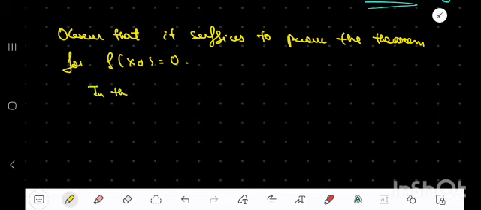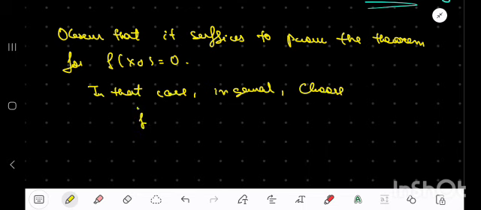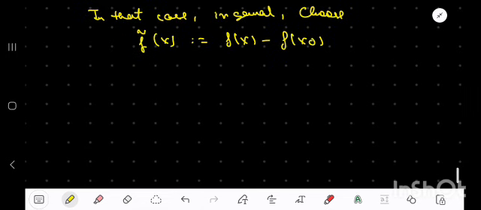In general, if I try to prove it in general, choose the map f tilde of x to be just f of x minus f of x naught. In that case, you can observe that f tilde of x naught will be 0, and so we can apply the inverse function theorem for f tilde, and the only thing which we need is the inverse of f in order to have the derivative, but that is also pretty clear.